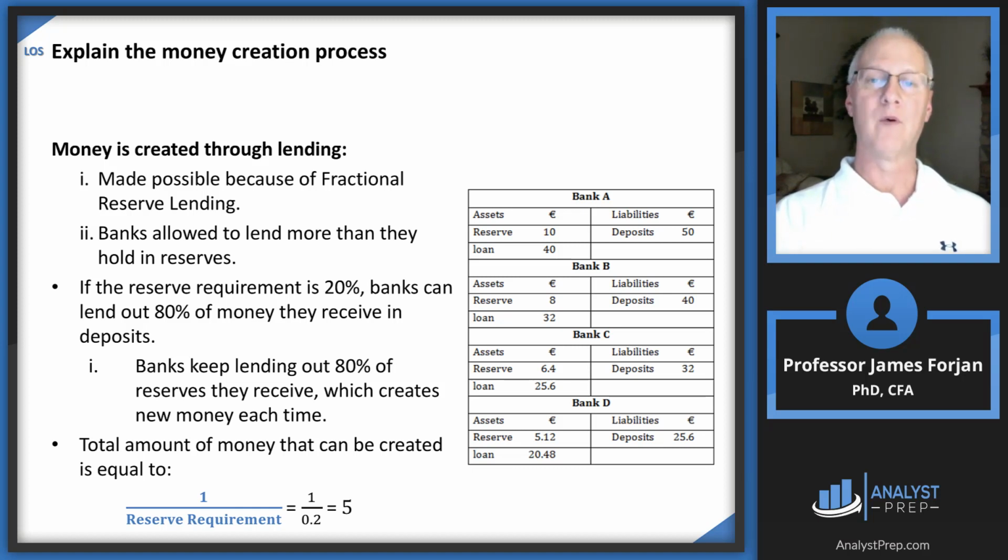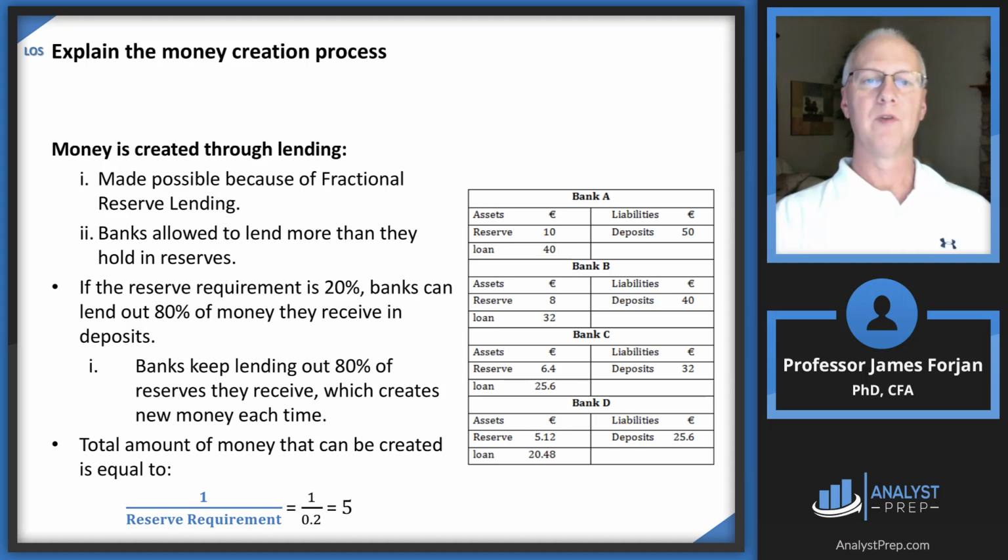But they can lend that 40 euros out to other people. Those 40 euros then are created and cast into the money supply because the individual who borrowed the money now has 40 euros that he or she did not have. That individual can buy a car, make an investment, or go buy a loaf of bread, whatever it is.